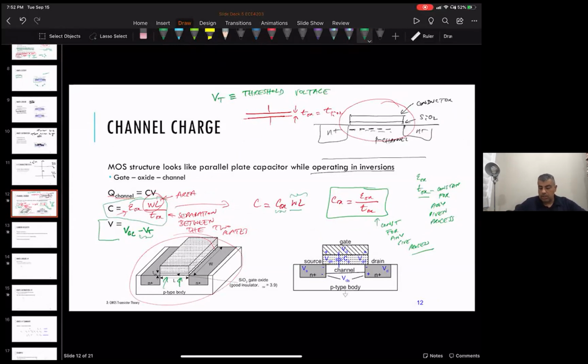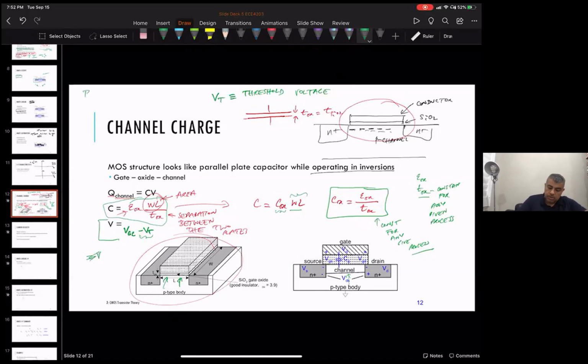And when we're in linear mode, we're going to assume that the voltage of the channel is half, which on average ends up being, so I'm going to write it down somewhere else.